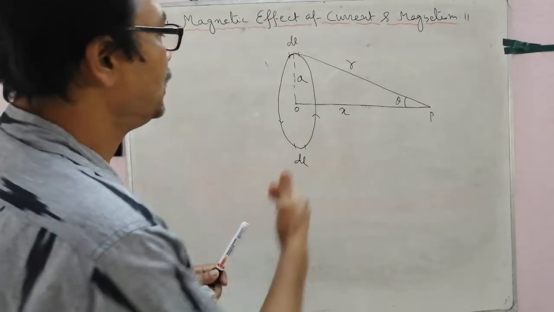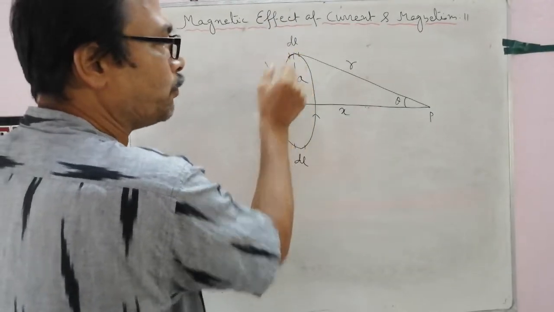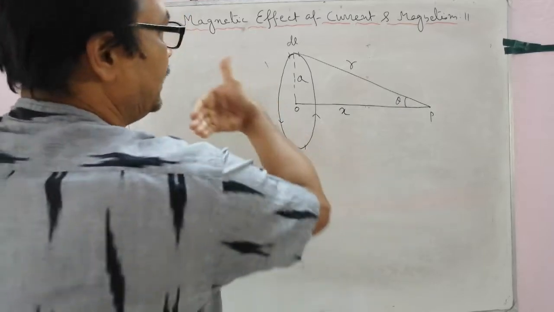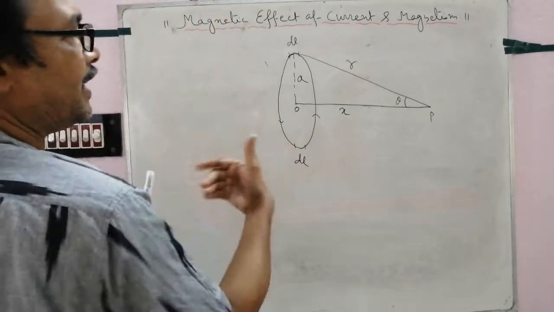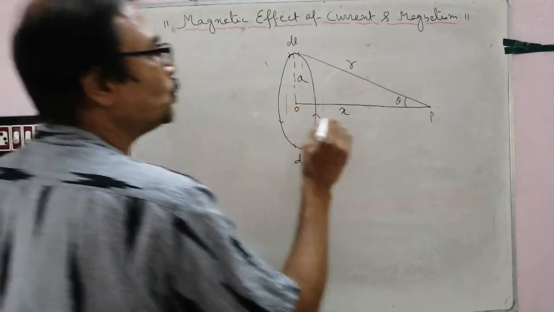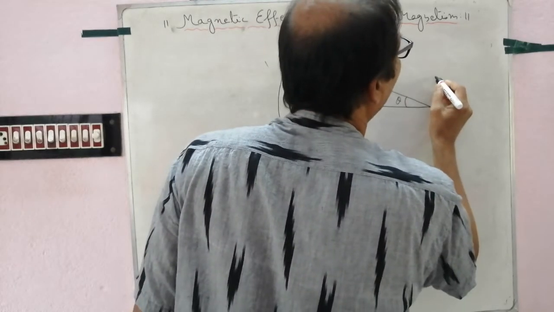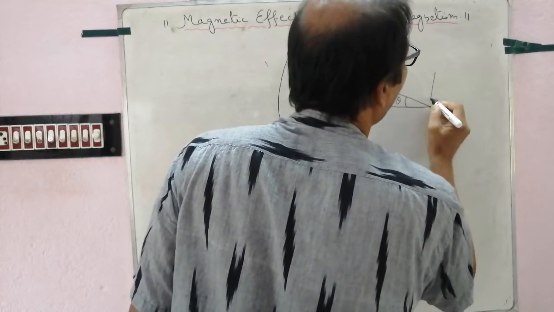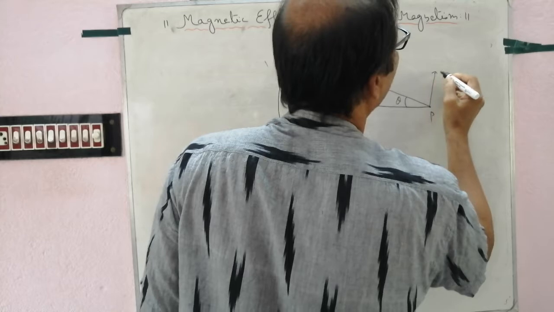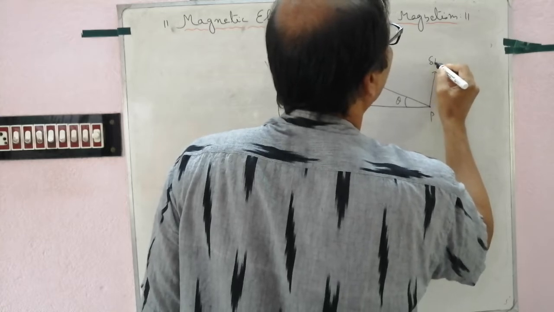Follow. For this small portion here, the direction of current is upward. Due to dl in the upper portion, the magnetic field is in this direction.